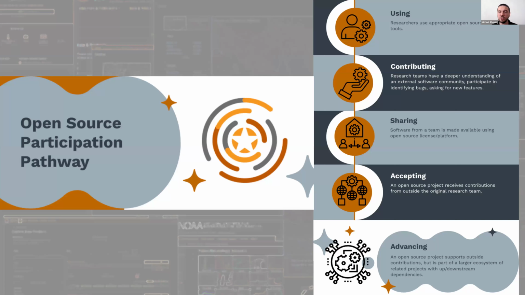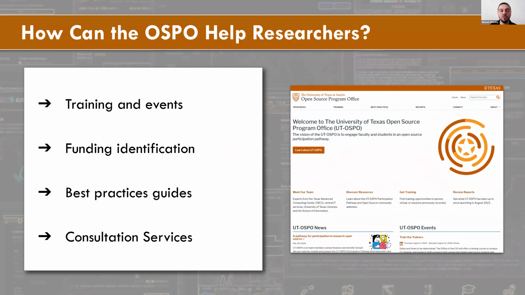We want to help you get to the process where you feel comfortable contributing maybe to an existing software project, openly sharing your own software projects that you might be developing from scratch to support your research, getting things to the stage where you can comfortably accept contributions from others who might be starting to utilize the code that you've published, and even getting to the more advanced stage where your project is self-sustaining. It has a large number of contributors who are working together to move that project forward. So we want to help researchers at all stages of working with open source software.